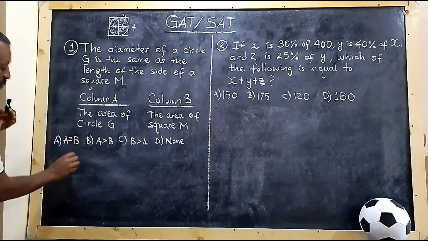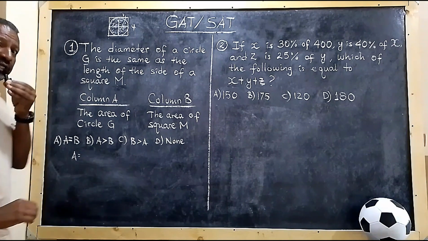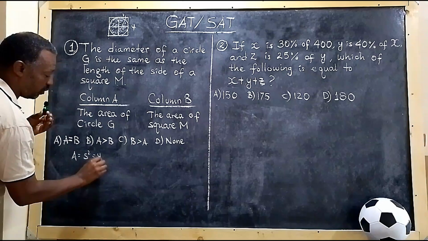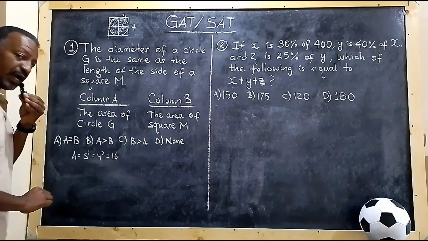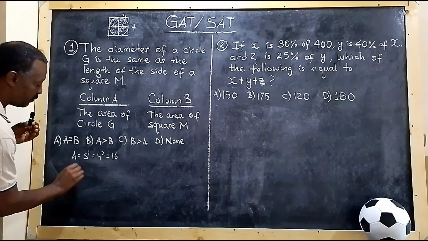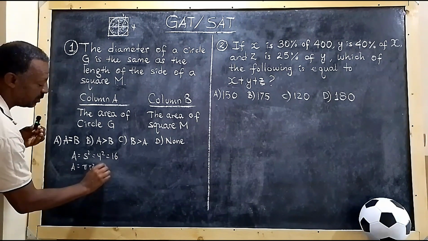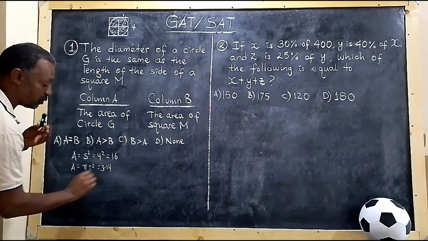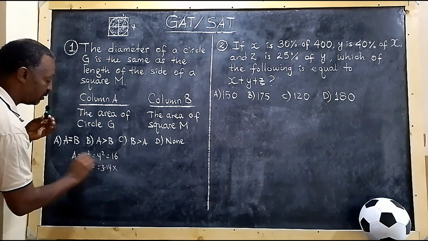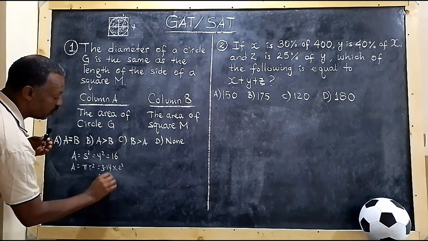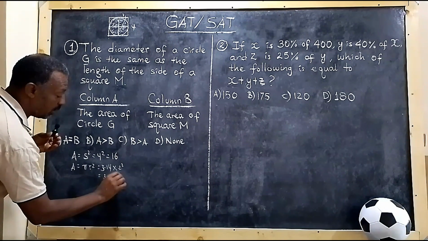You can calculate the area of the square, which is side squared, 4 squared, 16, right? The area of the circle is pi r squared, which means approximately 3.14 times r squared, where the radius is 2 squared, so 3.14 times 4.